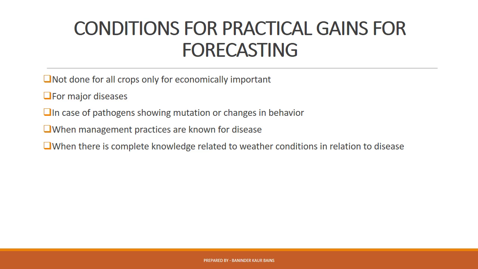The last one, when there is complete knowledge related to weather conditions in relation to disease. For example, if a farmer wants to do a forecast or plant scientists want to do a forecast, then they should compile the data properly. They should have full record related to the temperature conditions, day temperature, night temperature, rainfall. We should have complete knowledge related to the weather conditions. Also in relation to the disease, means what are the conditions in which the disease prevails, what are the favorable conditions for the spread of a particular disease.